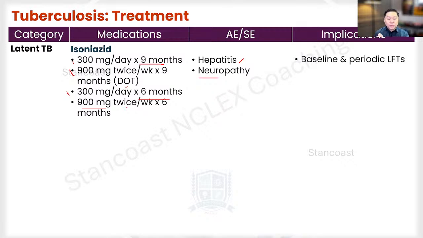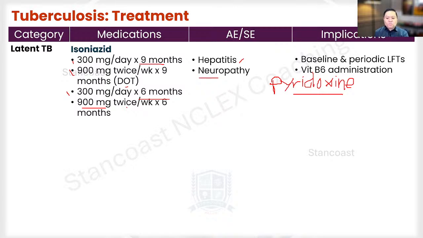And for the neuropathy, we will also be administering vitamin B6, which is, again, pyridoxine. It will prevent the occurrence of peripheral neuropathy, vitamin B6.